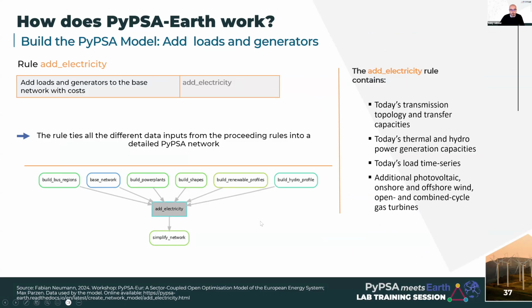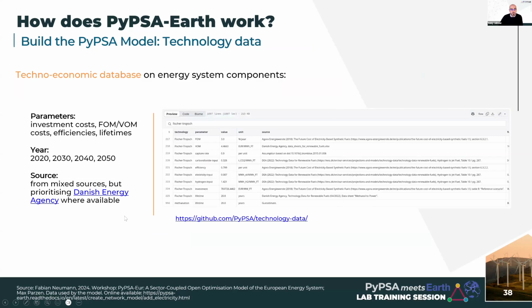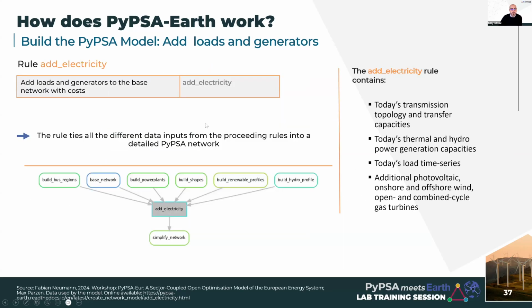All of them we can add to the electricity network, where we have a full generation and demand electricity network. But from that moment on, we need to reduce this network slightly because it has a lot of open ends. And this is where a later stage comes in, which is called simplify network.